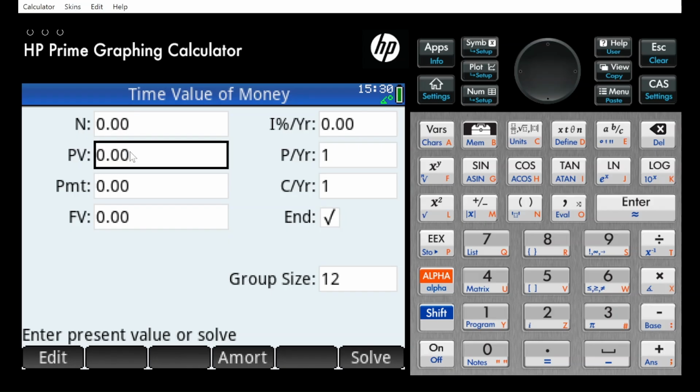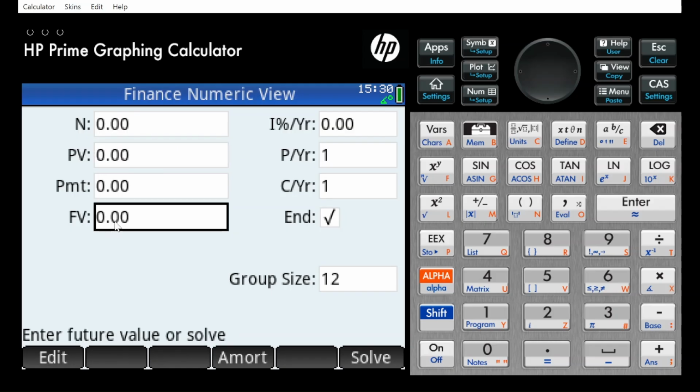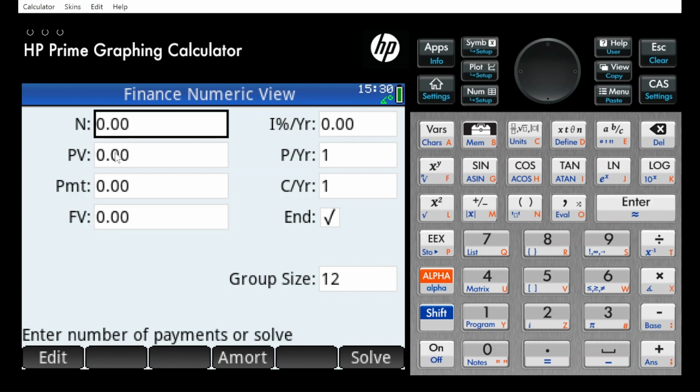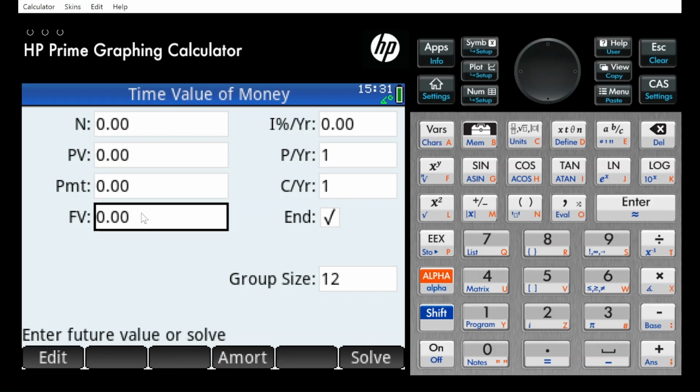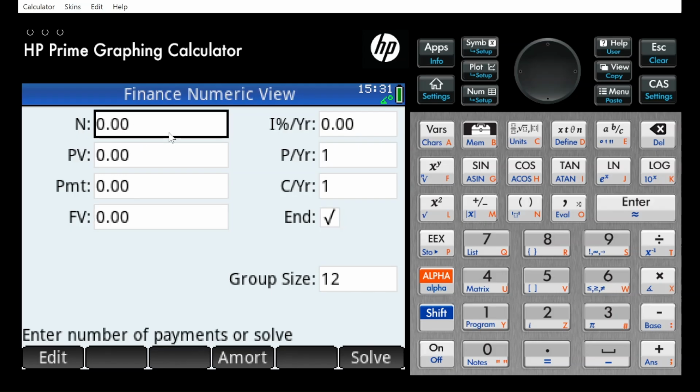If I input this as a negative value, then the future value will be output as a positive value. In some cases, if you need to solve for number of payments, then one of them must be a negative value. If both of them are input as positive values, then the calculator will run into error.